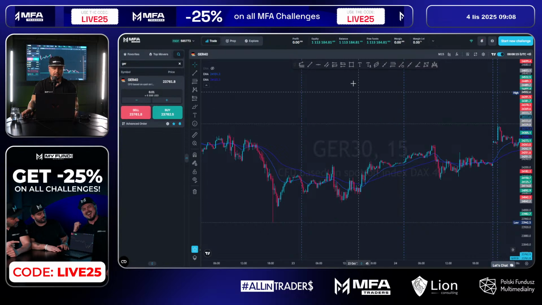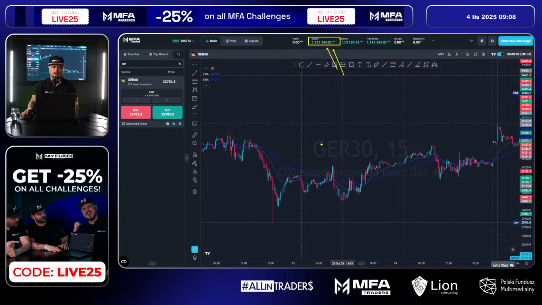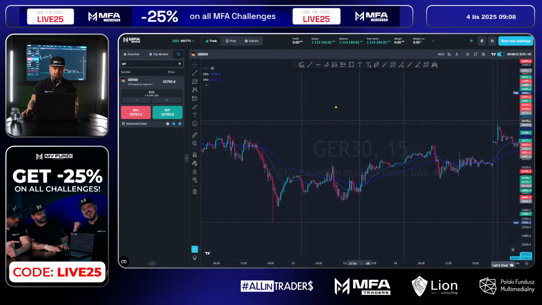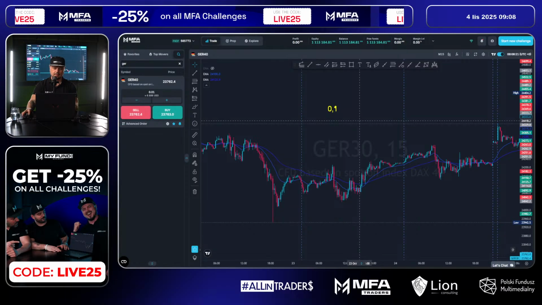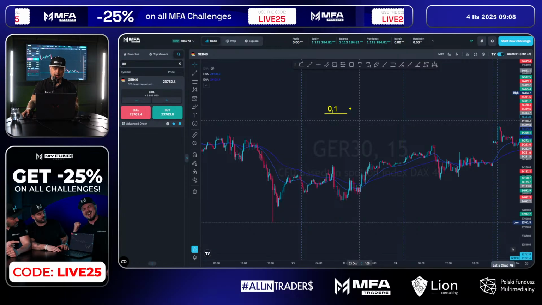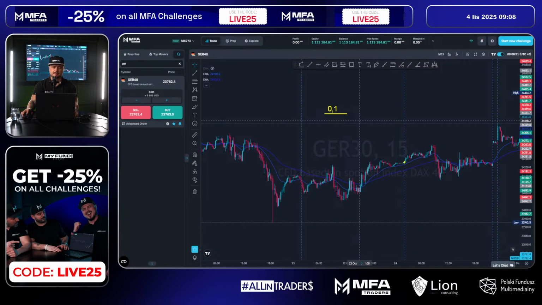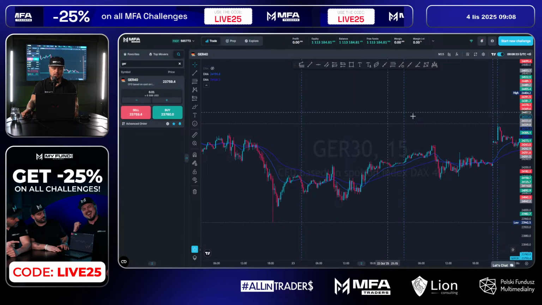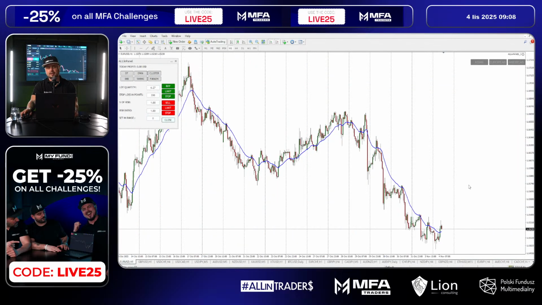So you can see the profits. Everything is transparent because we do it on the live trading session. And on this account, risk is 0.1%, okay? Because this is quite a big account, so risk is around $1,000 per trade. So if we open any trade over here, it should be directly copied to the MFA platform.